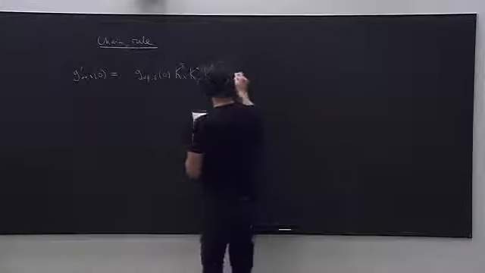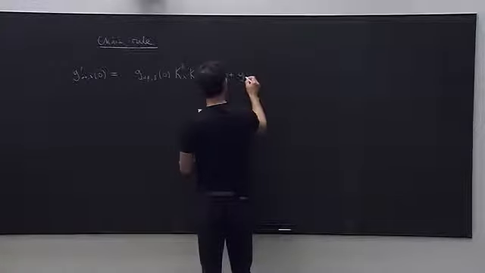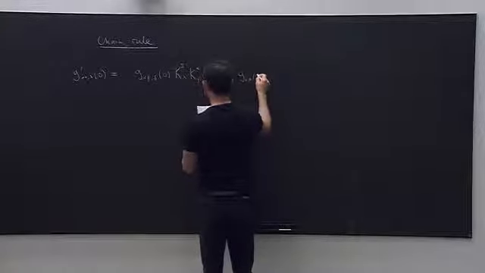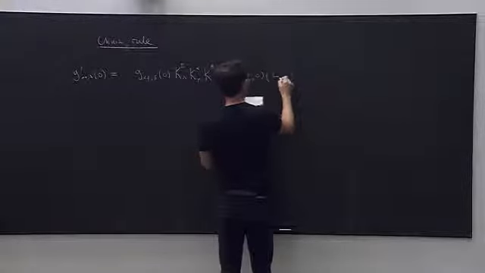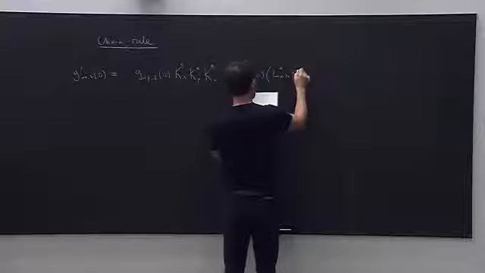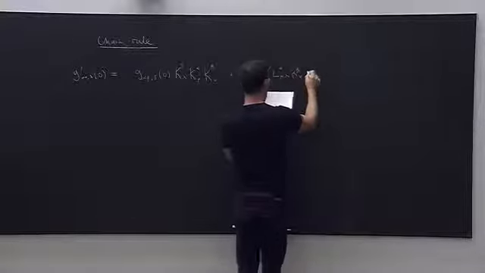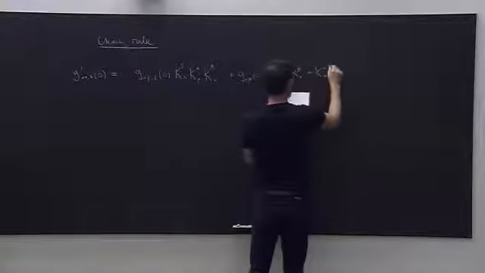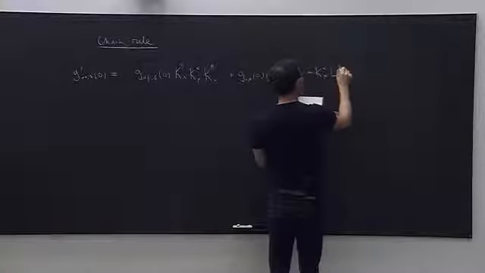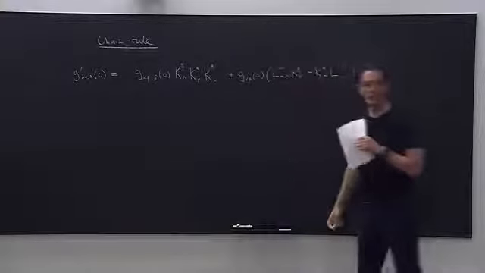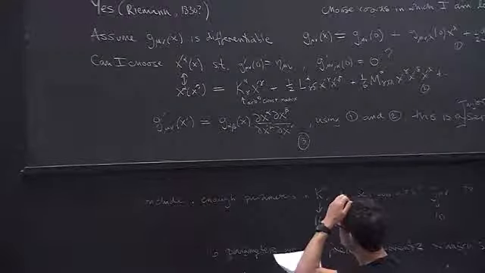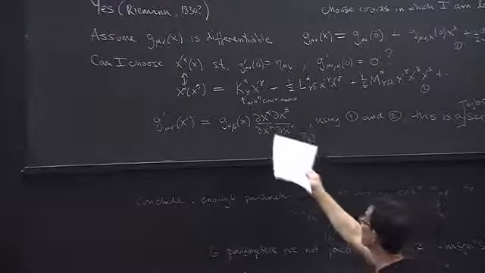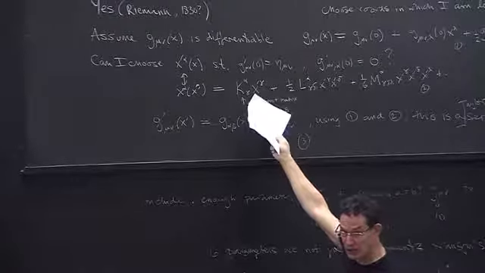In addition to this, I have the metric at 0 times L alpha mu lambda K beta nu plus K alpha mu L beta nu lambda. Let's see where that one came from. The dx prime gives me this term, the k.